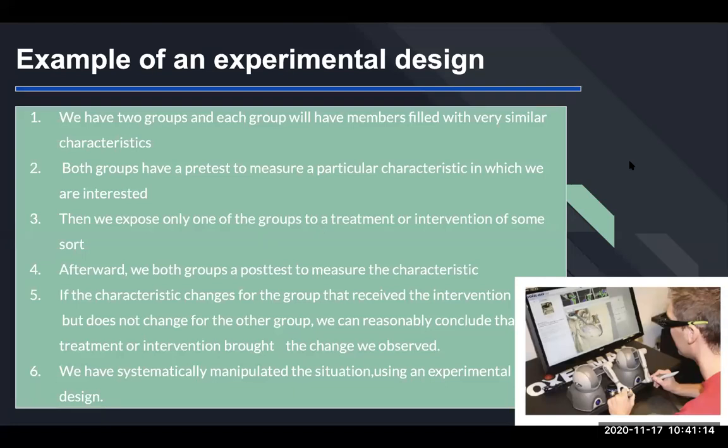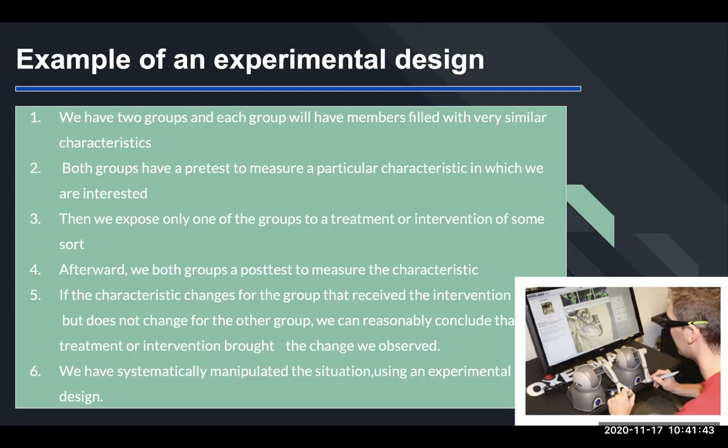An experimental design will start by having two groups, maybe more, depending on your exact design. The members in each group will have very similar characteristics. Then we'll have a pretest to measure a particular characteristic in which we're interested, to see the before and then the after.